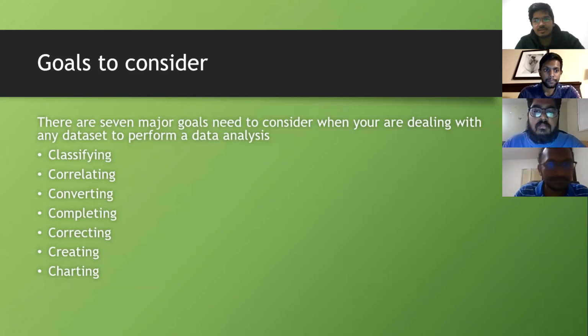Converting means making the proper conversions while showing data in the plots. Charting is showing the data in plots, selecting the correct plot for the required data.